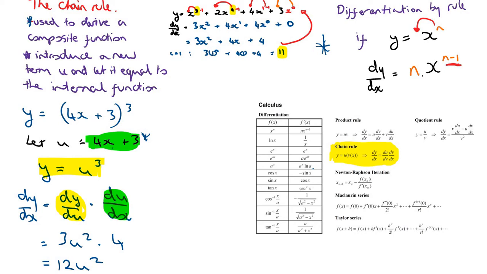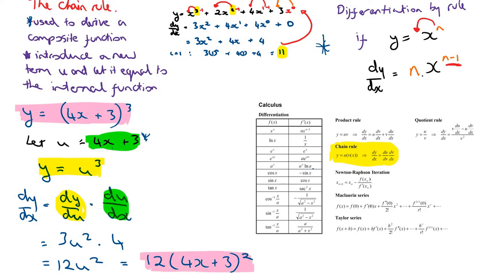We're not quite finished because u wasn't there at the start, we introduced it, so that is just going to be 12 times (4x + 3) all squared, and that's the derivative of our overall function y. So y was (4x + 3) cubed, and the derivative became 12 times (4x + 3) squared.